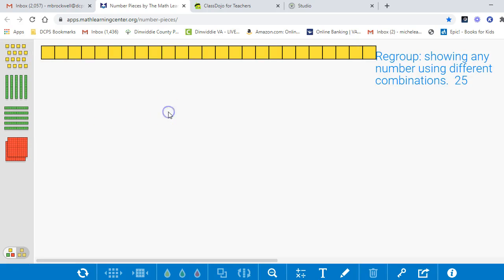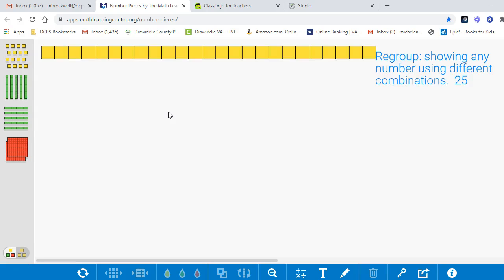Whew. That took a few minutes, right? Maybe not a few minutes, but it took a while to count all those. That's a lot of cubes. Think about if you had 25 cubes on your desk. It would be easy to make a mess with that many. You might lose one, you might lose two. Okay, that's a lot of cubes to keep up with. But that is one way to represent 25.